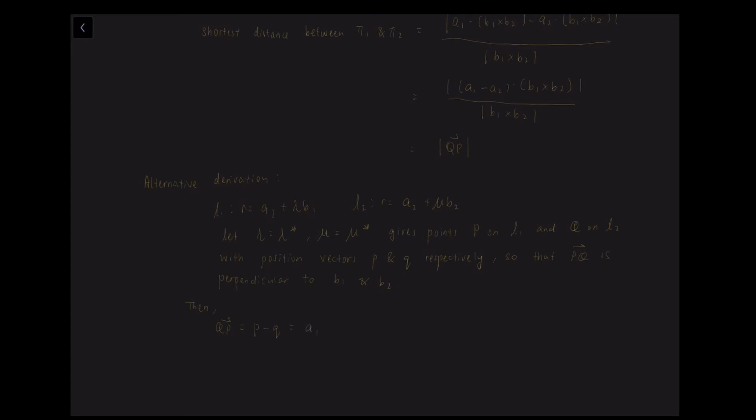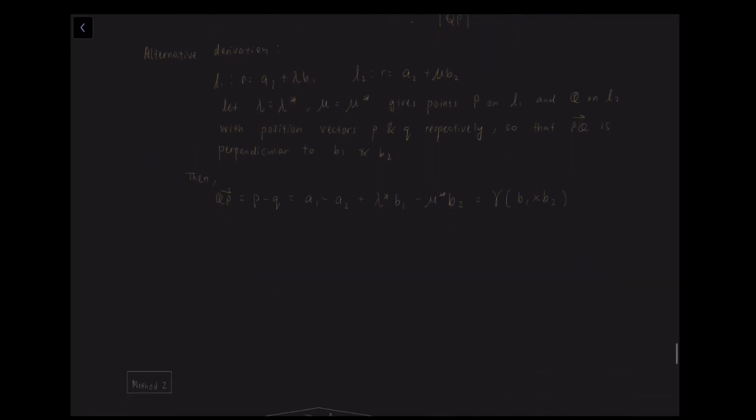Then QP equals P minus Q, which is equal to A1 minus A2 plus lambda star B1 minus mu star B2, which then equals gamma times B1 cross B2.